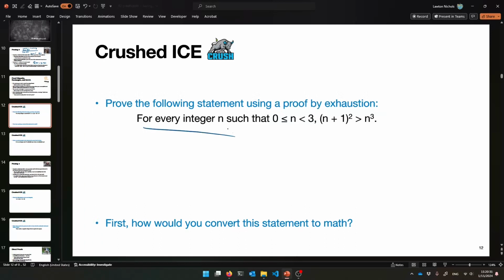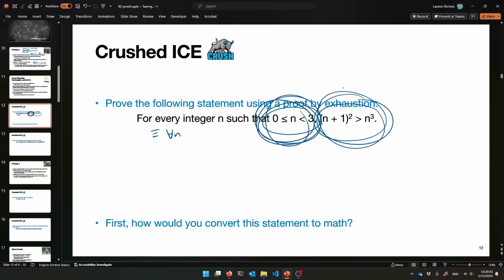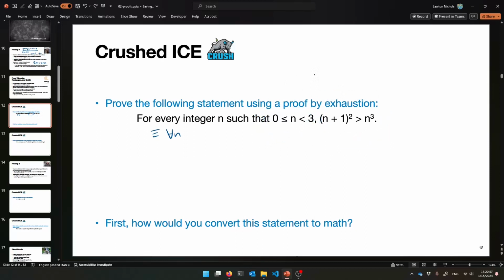For every integer n, that just screams "for all," right? You see that it is a for all n, such that n is in this range, this must be true about n. Do you see how it's kind of like an if-then? For every integer n, if this is true about n, then I'm trying to show this. I only care when this is true for n, right? Only if this is true do I want to show this, okay? So do you see how that becomes an implication?